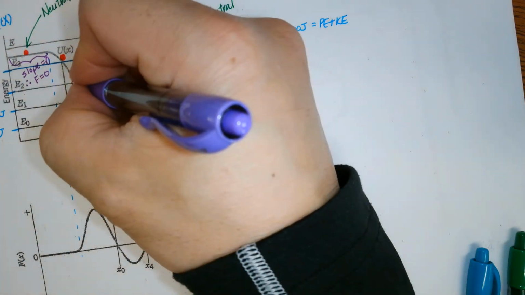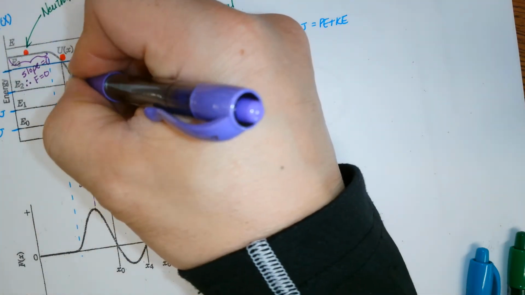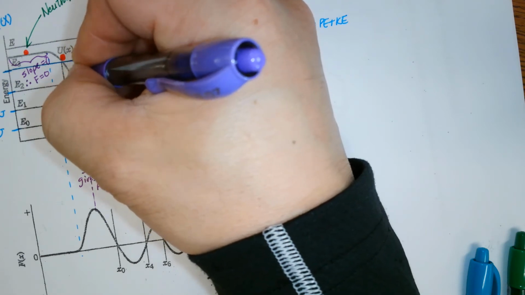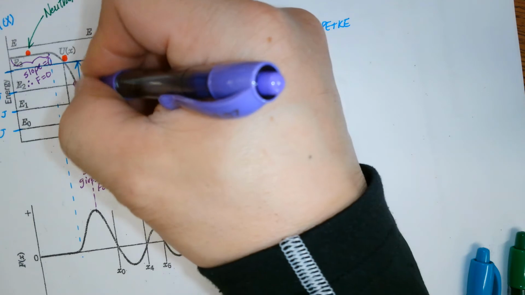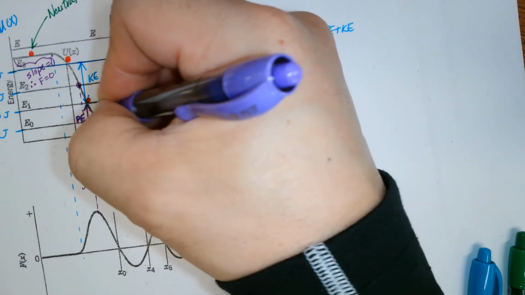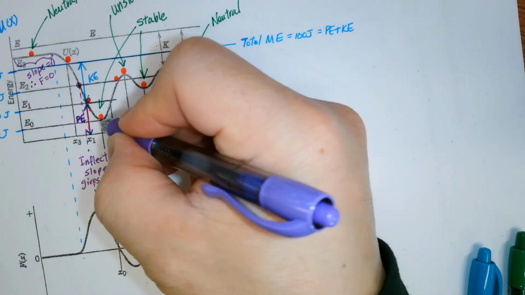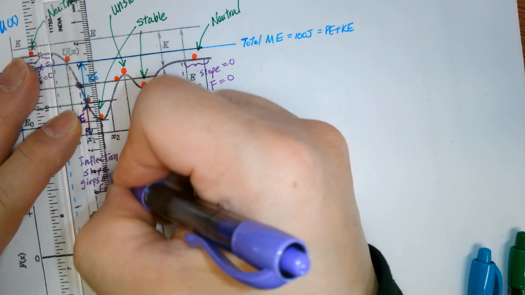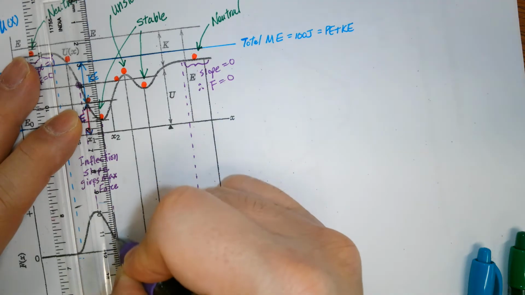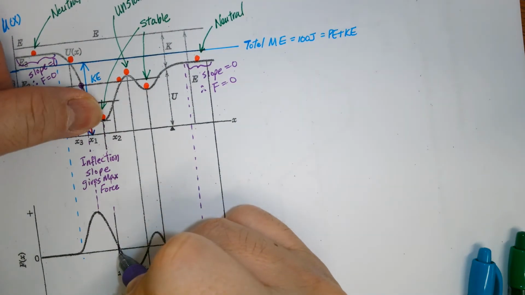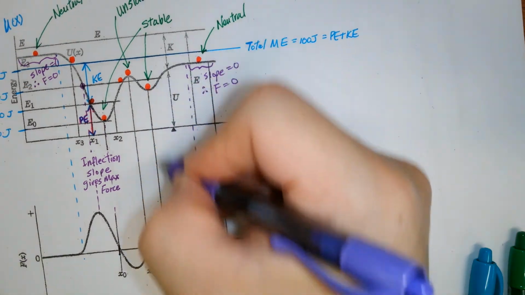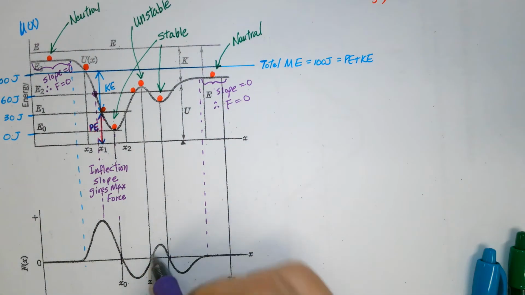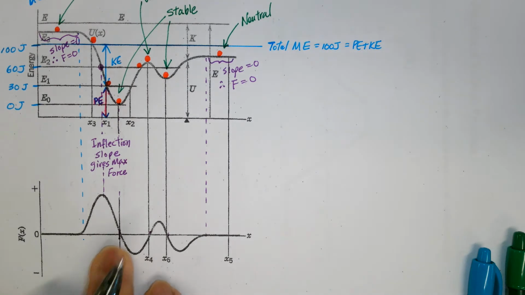This inflection point right here is where it's still a negative slope, but the negative slope value starts to change towards 0. So at this point your slope value is 0, and that's where this 0 is. This is the negative of the slope.